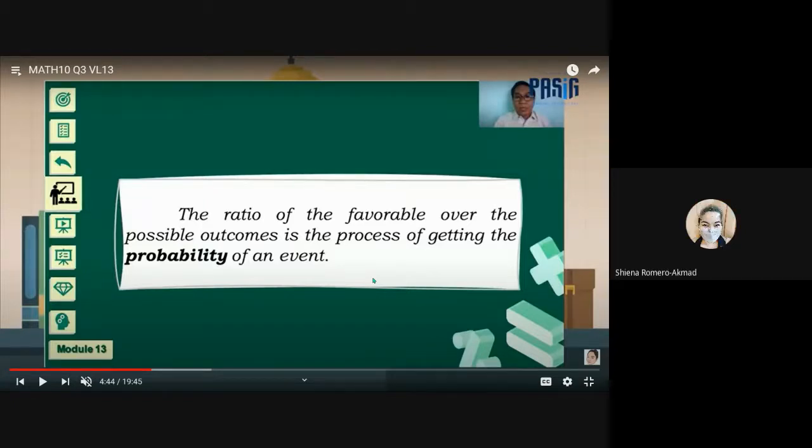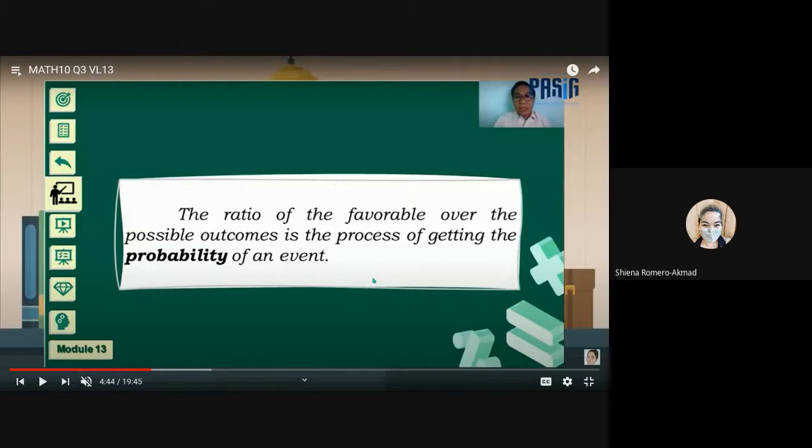And paano kung mangyari or nangyari? 100% pangyayari. What number can we use to express that the event is going to happen? 100%. 100 po.